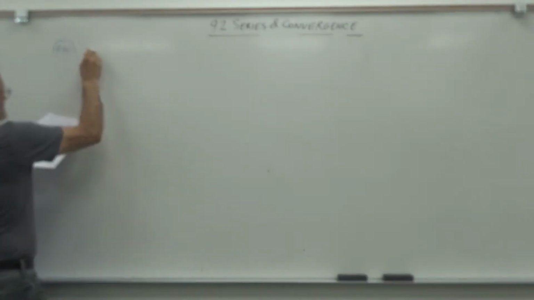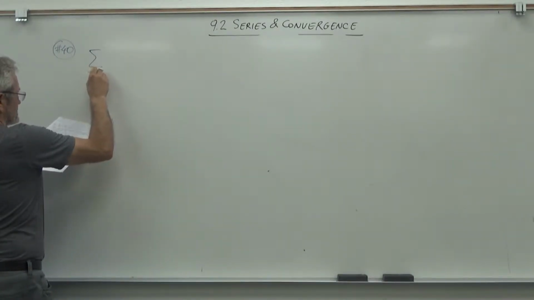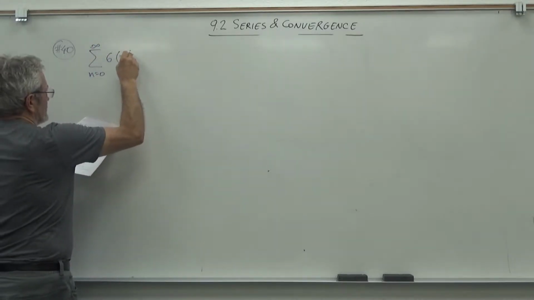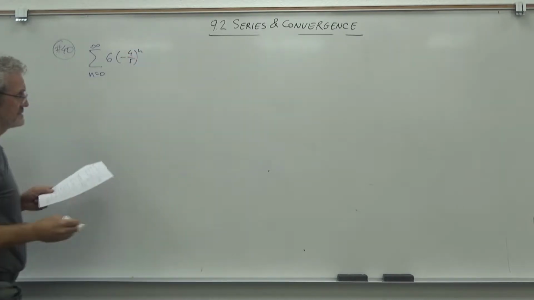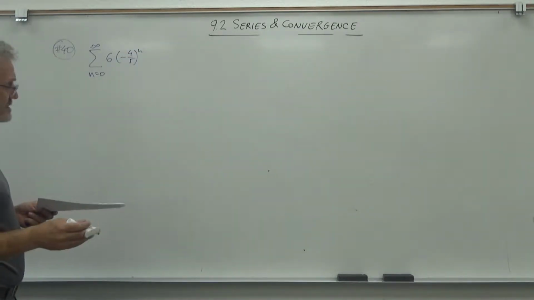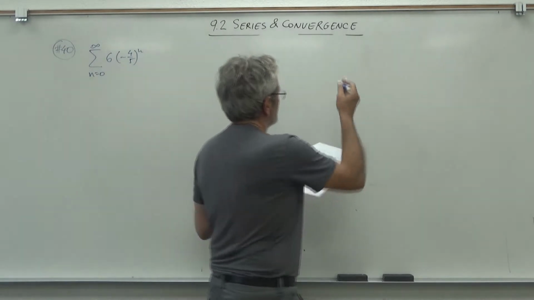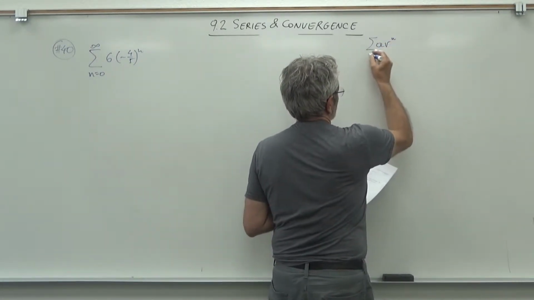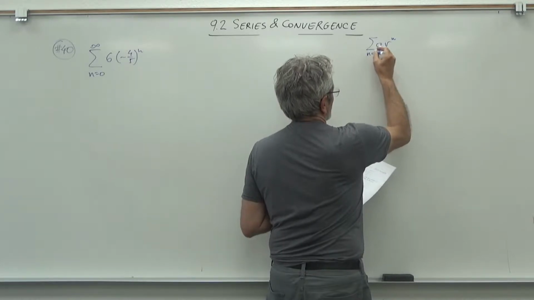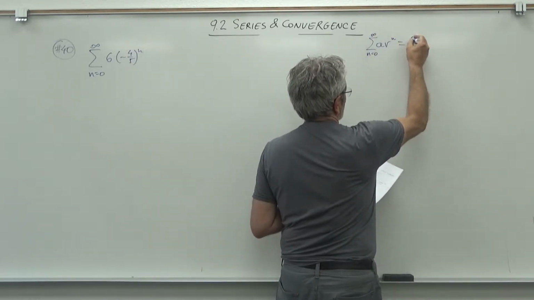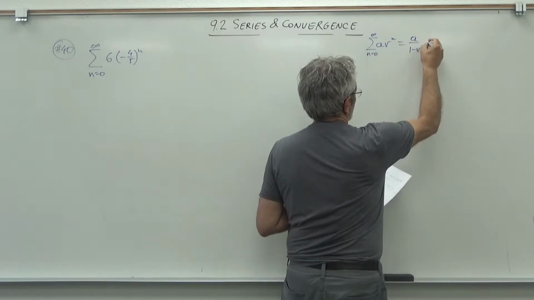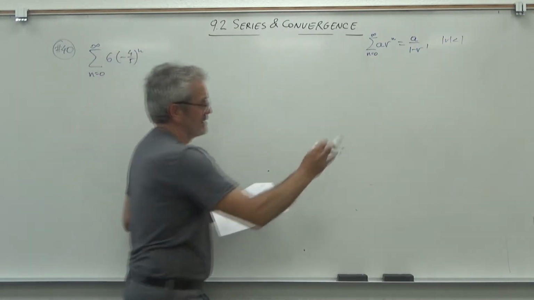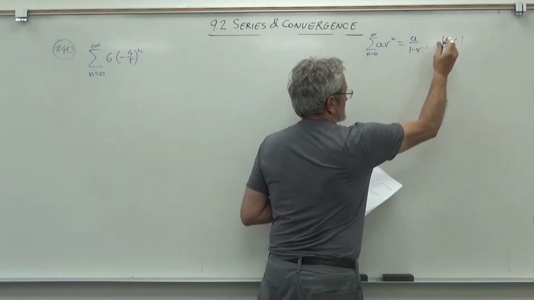So we want to discuss the sum, and we go from 0 to infinity of 6 times (-4/5) to the n. And let me just copy somewhere here so that we have it as a reference. The sum of a r to the n, when n goes from 0 to infinity, equals a over 1 minus r, if the absolute value of r is less than 1.